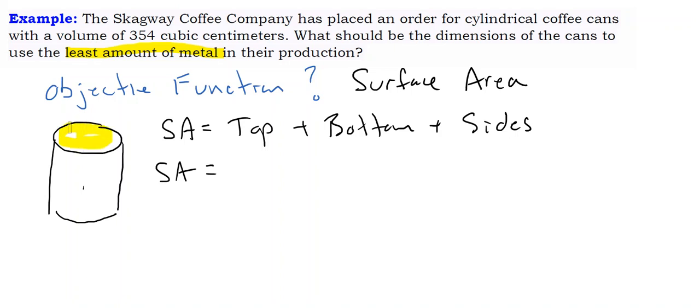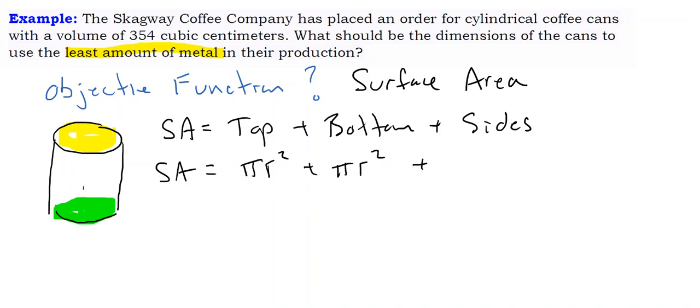And we know a formula for the area of a circle. It is pi r squared. The bottom down here is also a circle, and so that is also pi r squared.